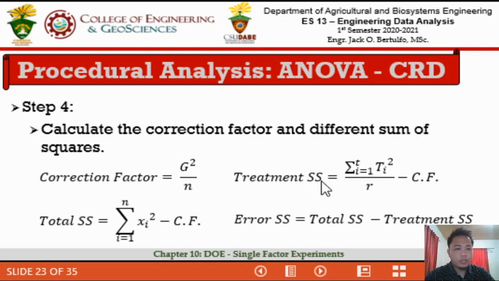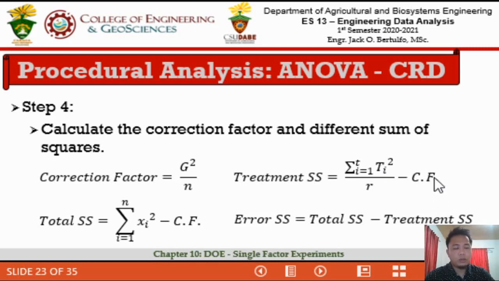Then treatment SS is just equal to the summation of the squared treatment totals over R minus the correction factor. Okay, why gi-minus niya siya sa correction factor?